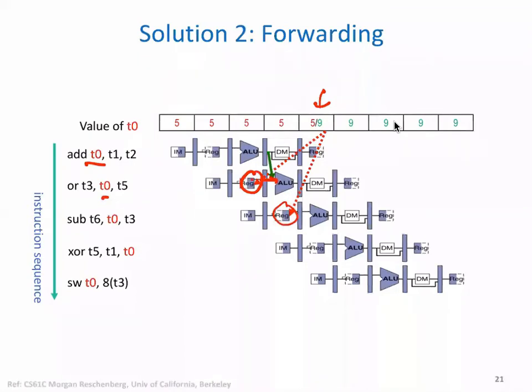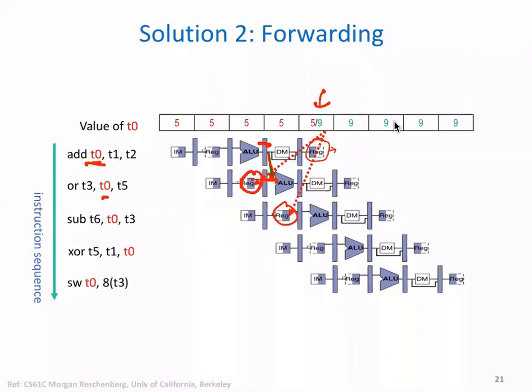So the question is, why not take the value, rather than waiting till the end, when the value is available in the register? Why can't we take the value right from here as soon as the value of T0 is available? Can we do this?